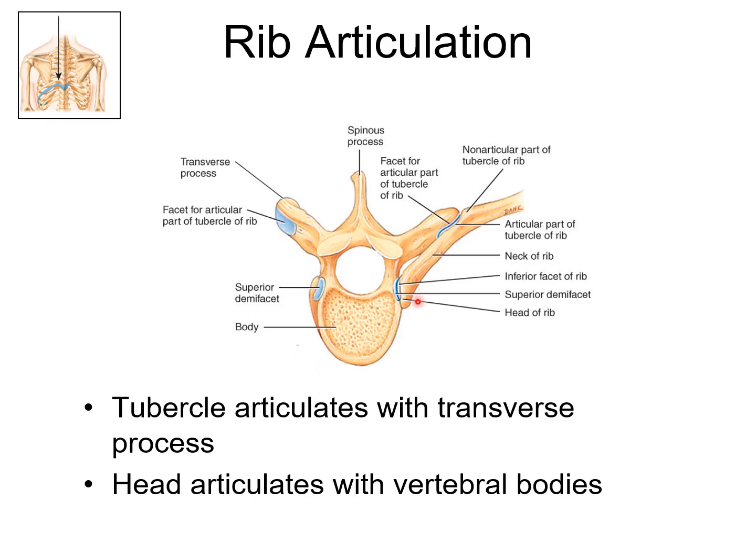And the ribs have a head portion with a hyaline cartilage layer on it, and also have a bump or tubercle on the rib with yet another hyaline cartilage layer on it.